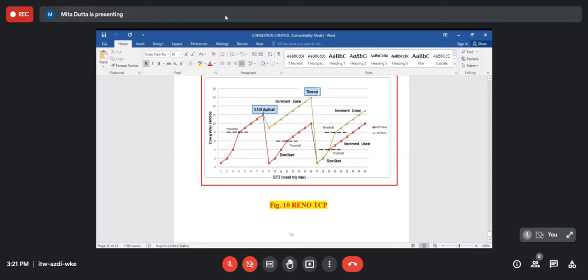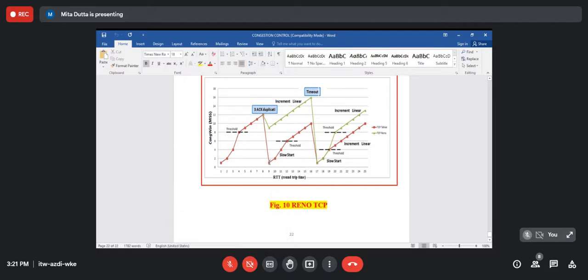Here 3 duplicate ACKs occur, and then the congestion window is set to 1 in the TCP Tahoe mechanism, and again it is slow start.